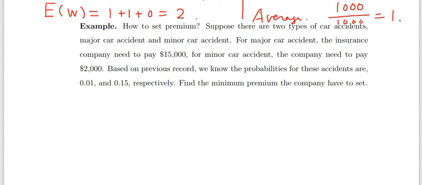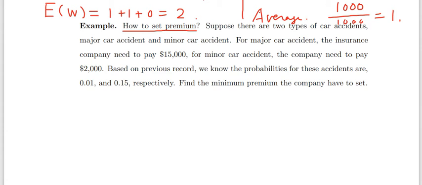Okay. So for this problem, for an insurance company, the first question is how to set the premium. They want to make sure the premium is not so low. If they pay out too much, then the company will lose money, right? And also maybe they should not set it very, very high, then nobody will buy their insurance policy.